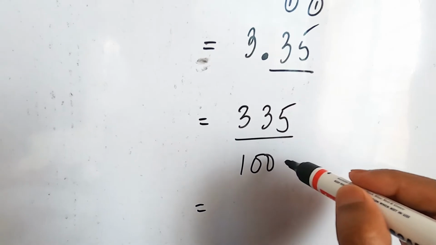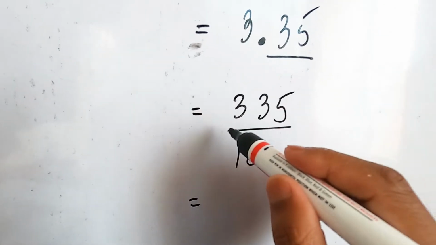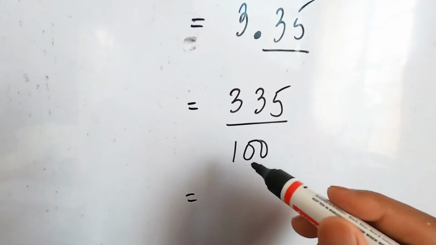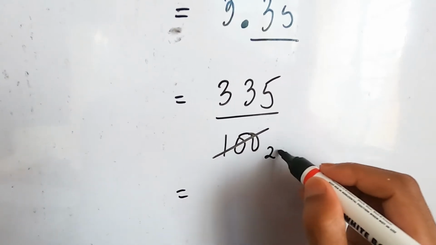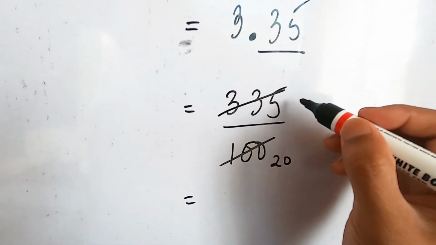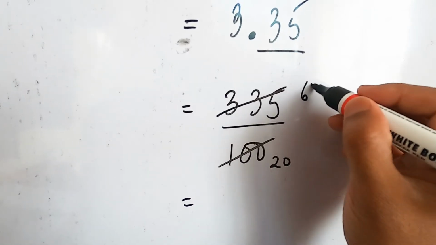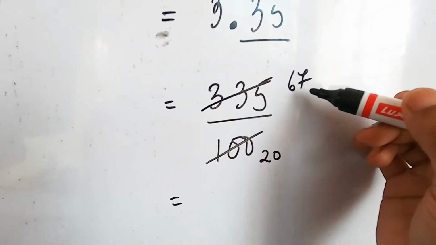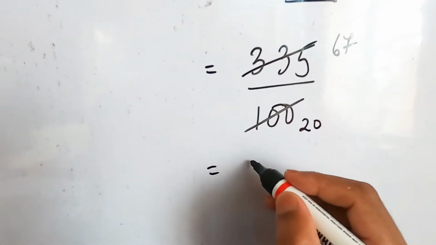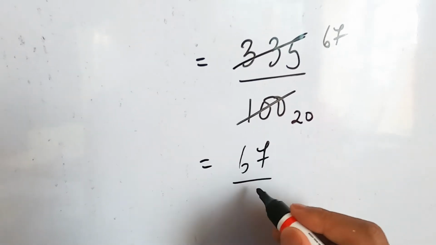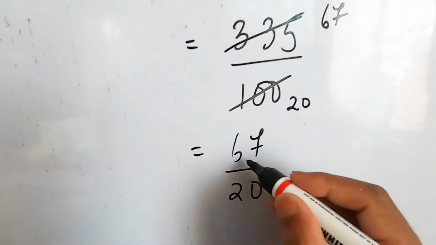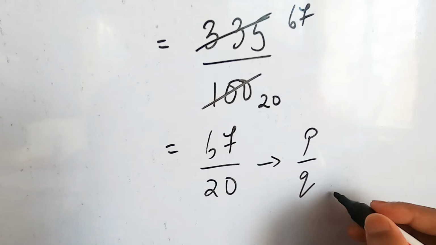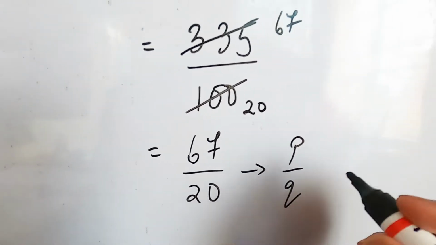Let us divide and we will get the answer. 5 into 20 will give 100, and 5 into 67 gives 335. 67 and 20 cannot be divided further, so the reduced form will be 67 by 20, which is in the form of P by Q. So this will be your answer.